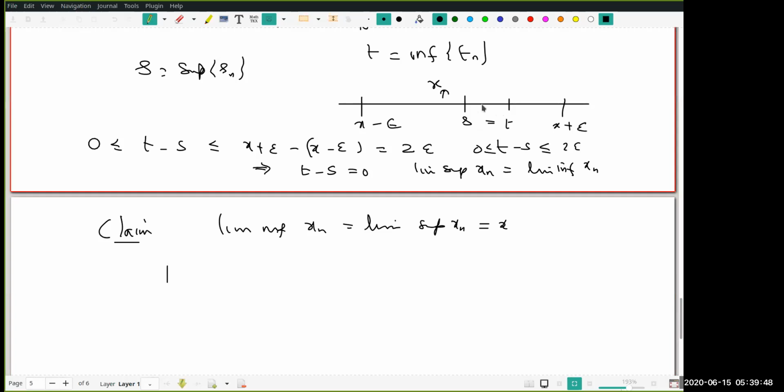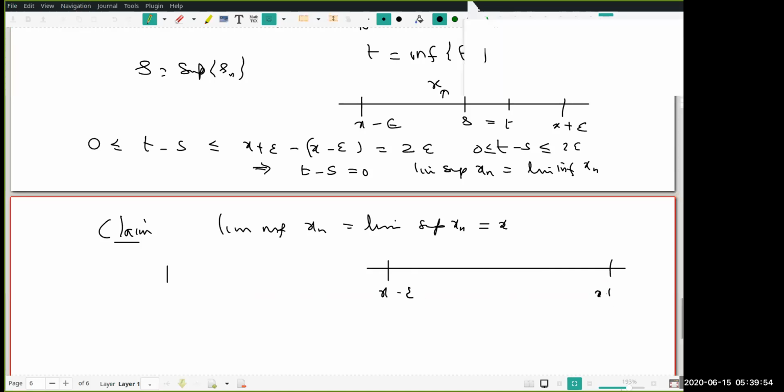They are the same point, so you collapse them. Therefore, I have x minus epsilon and x plus epsilon, and the midpoint is x, and S equal to T lies somewhere here. Call it T. Therefore, what's the distance between x and T? That will be less than or equal to epsilon. And remember, x and T are constants, and their distance is less than or equal to epsilon. Epsilon is arbitrary. That means x minus T equals 0.